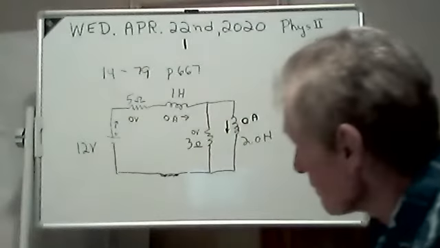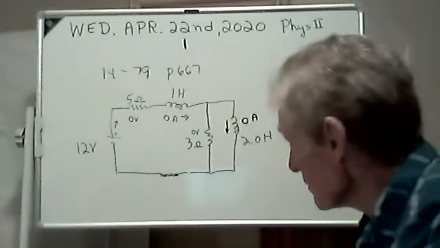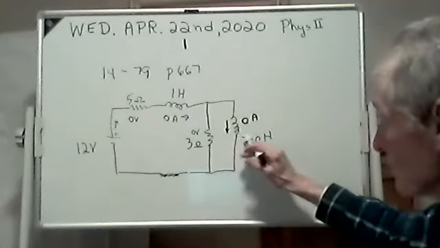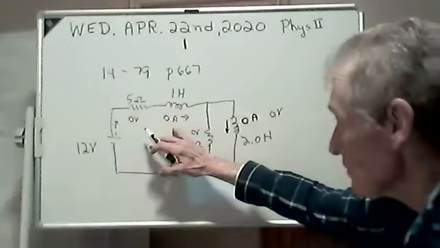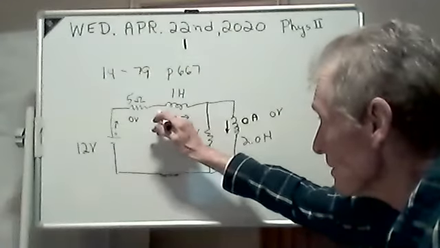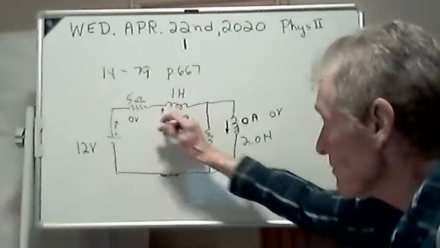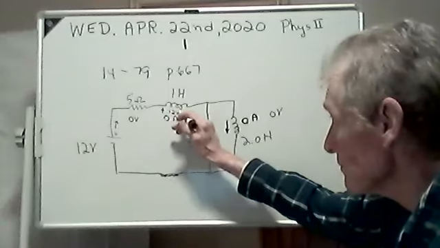And so you have 0 volts. But now, wait a minute, you have 0 volts here, but you don't have 0 volts here. You have plus minus 12 volts.